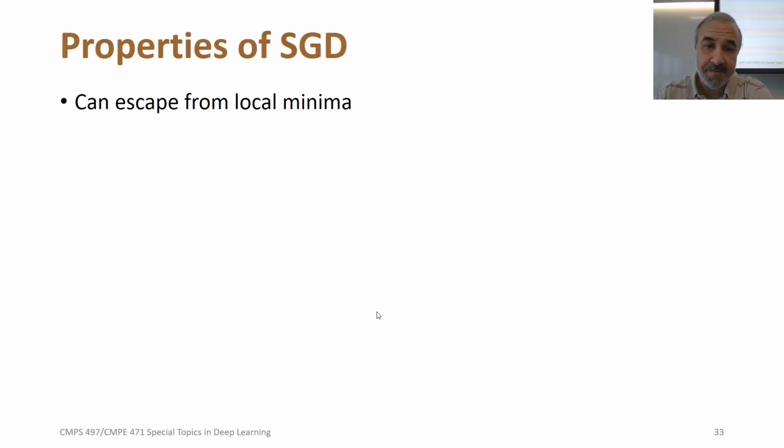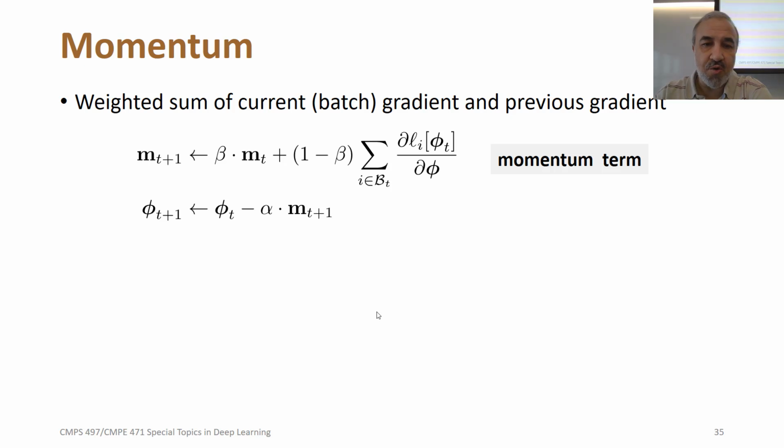With momentum, we change this. We actually take into consideration not only the gradient of the current batch, but also the gradients of all previous ones. So we don't forget the history. We take the history of the gradients into consideration, and also we take the gradient of the current batch.